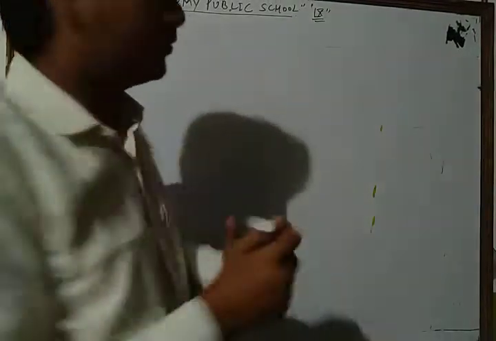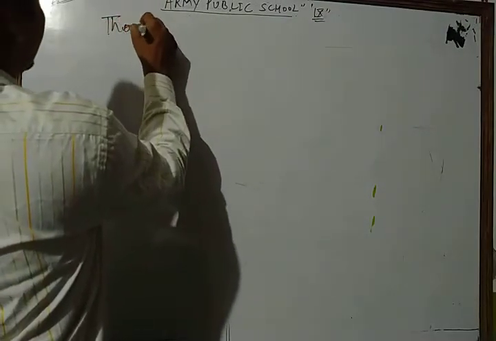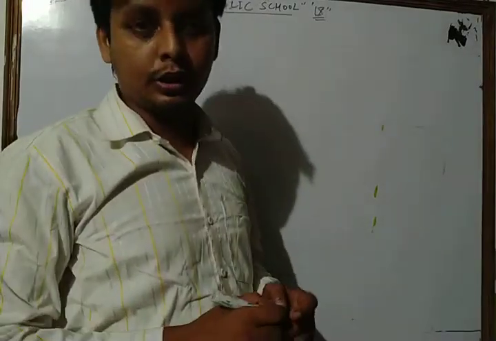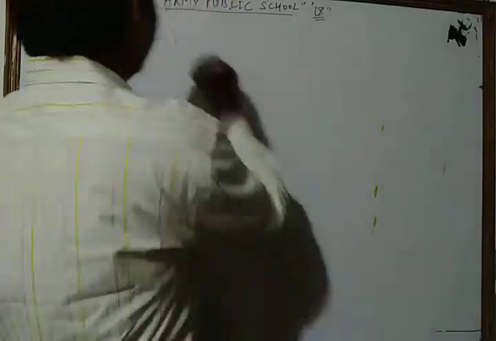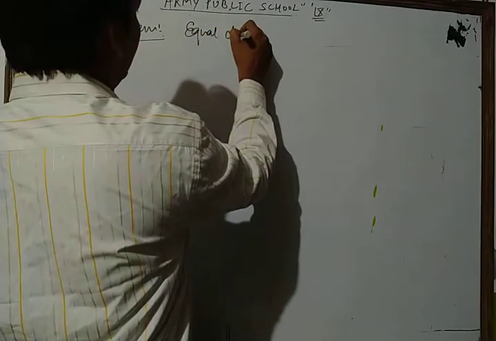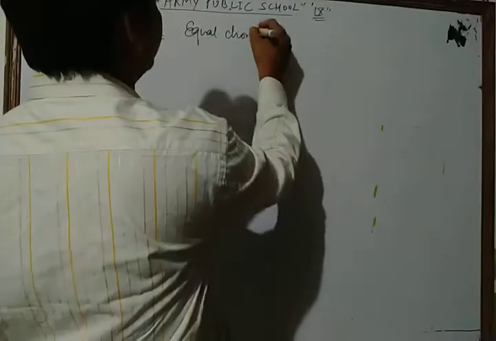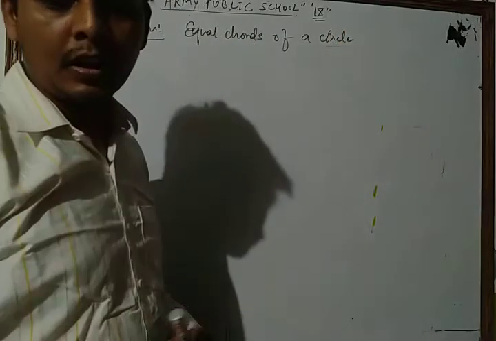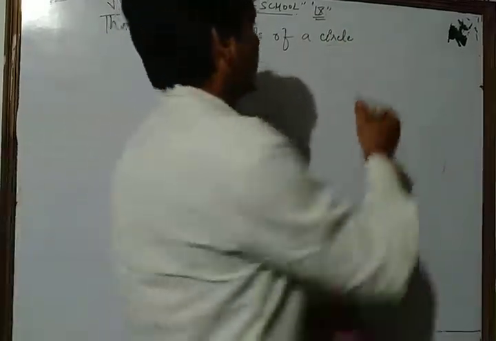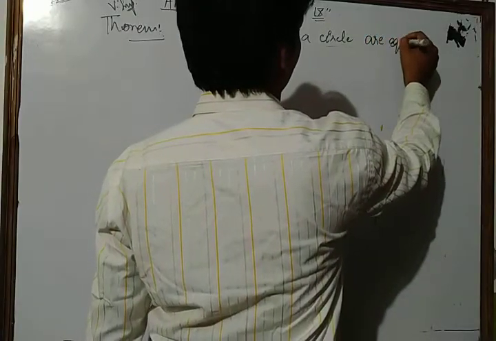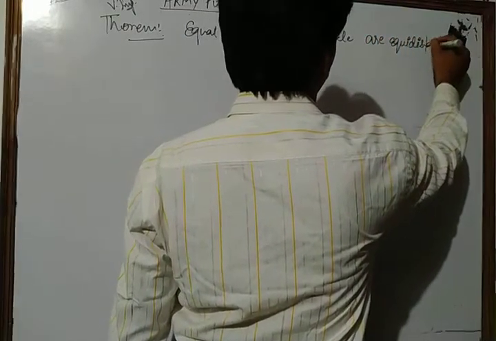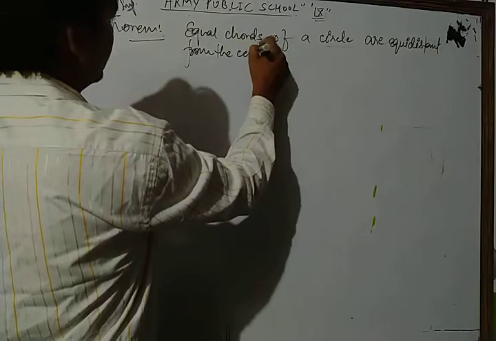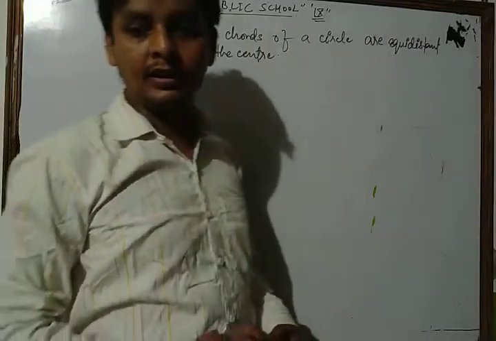Let's see the first theorem. This is a very important theorem for your syllabus. Okay, your theorem is: equal chords of a circle are equidistant from the center.